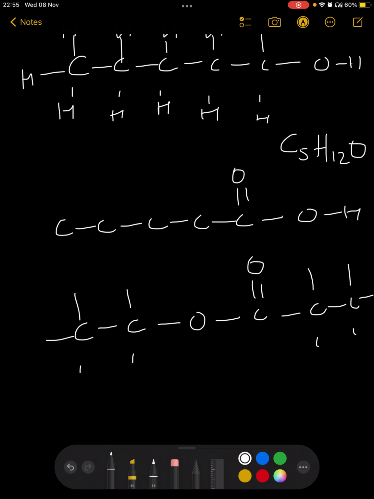Our molecular formula still has C5, 1, 2, 3, 4, 5. There are 5 carbons, but our hydrogens are now 10, so that also takes us out.